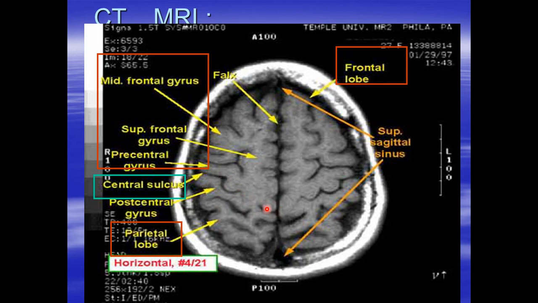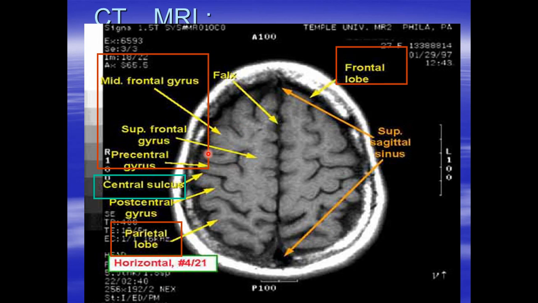So the only sulcus that extends over the cerebral hemisphere and reaches the midline is the central sulcus, and everything anterior to it is the frontal lobe, posterior to it is the parietal lobe.